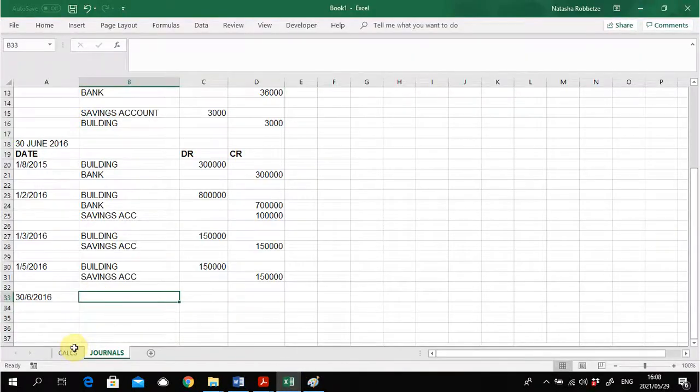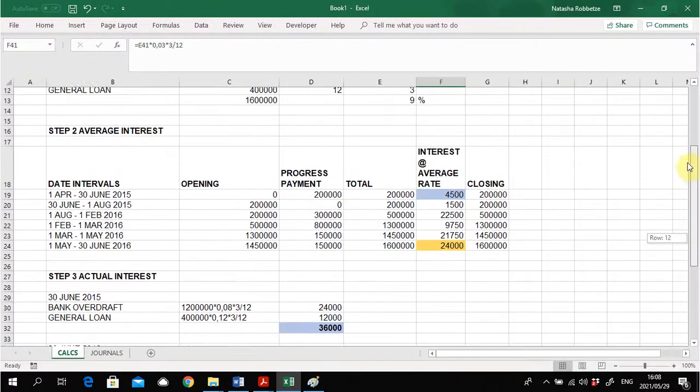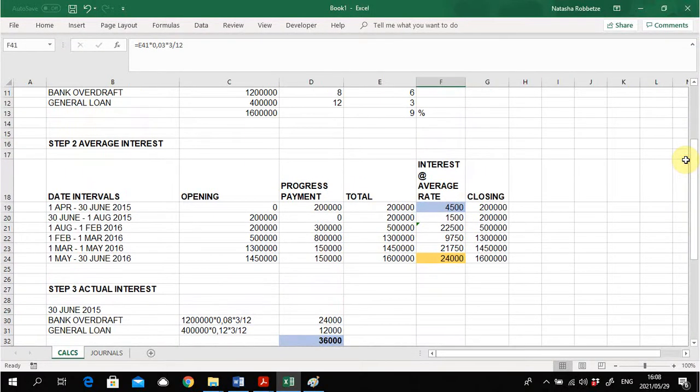What do I account for? Going back to my calculations, I need to account for the following. All the interest that is allowed to be capitalized. So it's going to be interest up until the 1st of May. So this would be everything except this interval, which is 24,000.